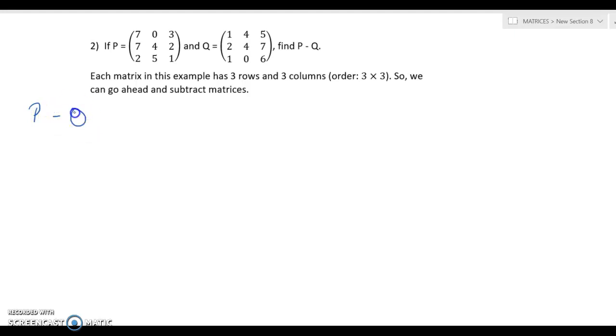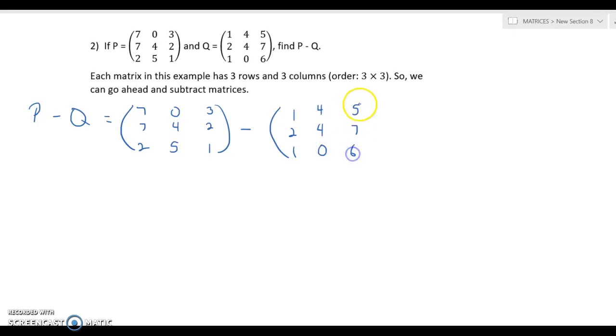So P take away Q. P is 7, 7, 2, 0, 4, 5, 3, 2, 1, take away Q. Just write that there. Obviously you have to be careful how you write, so make sure everything is lined up properly.